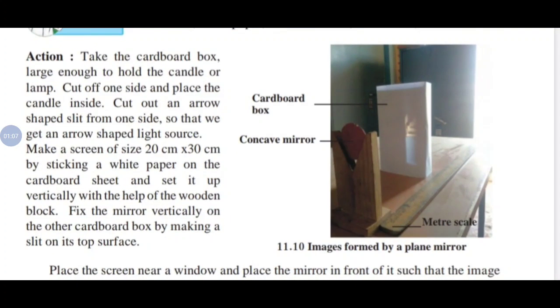Make a screen of size 20 cm by 30 cm by sticking a white paper on the cardboard sheet and set it up vertically with the help of a wooden block. Fix the mirror vertically on the other cardboard box by making a slit on its top surface.